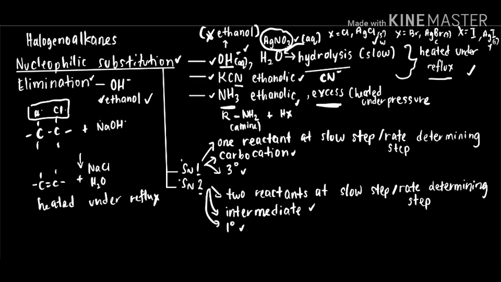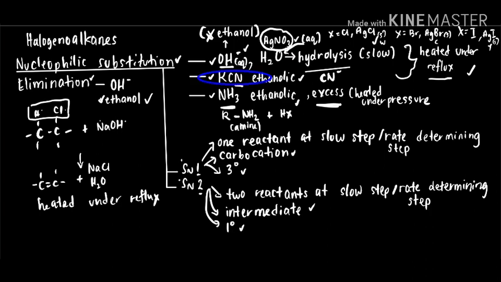You heat it up, and because of the presence of the condenser, it cools down the vapor, which condenses and falls back into the container, and then it is reheated again and again until you get what you want. So this is going to be heated under reflux. And do remember halogenoalkanes are quite volatile.